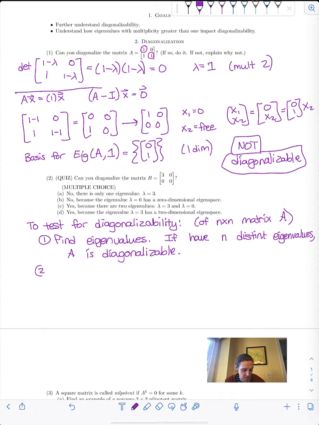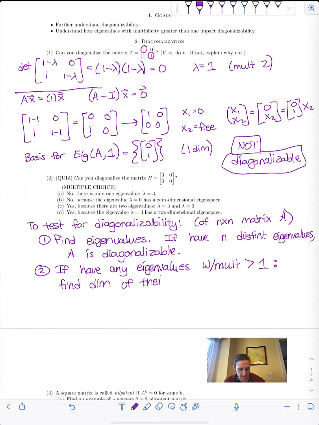But if not, if you have any eigenvalues with multiplicity greater than 1, you need to find the dimension of their corresponding eigenspaces. So you don't have to do anything with the ones that are multiplicity 1, which is kind of nice. That can save you a little bit of time.